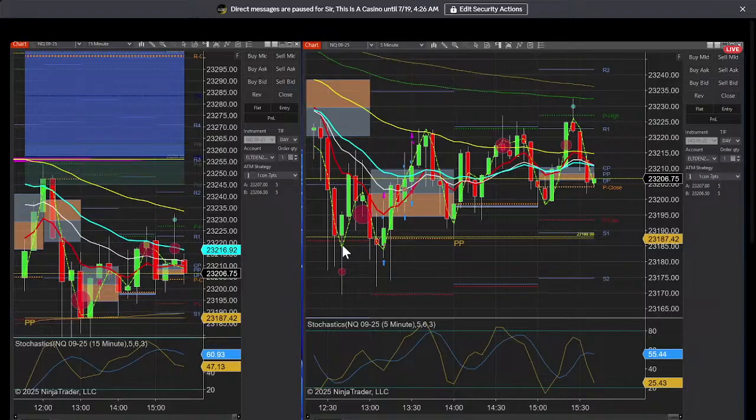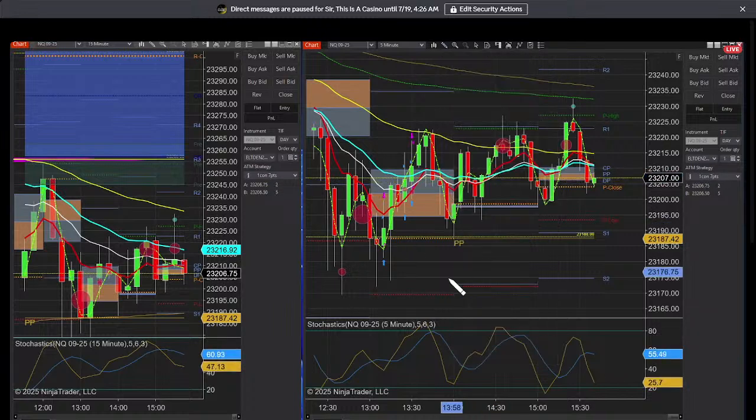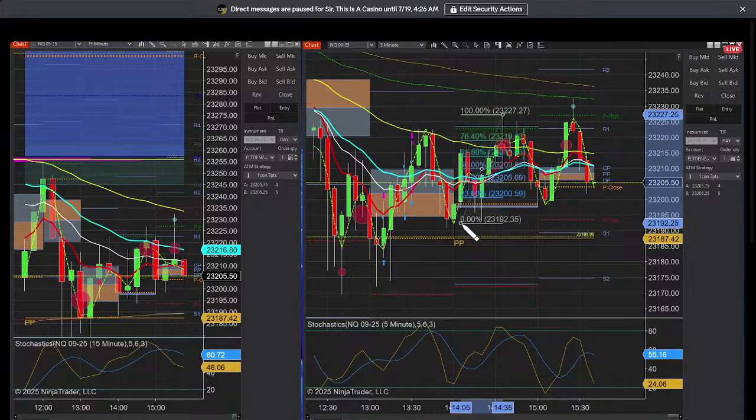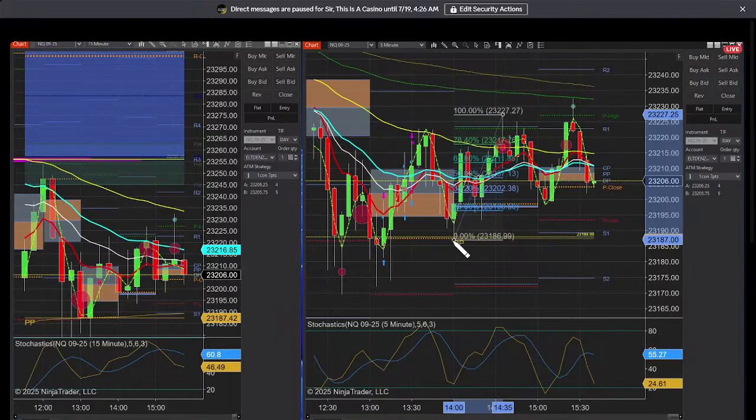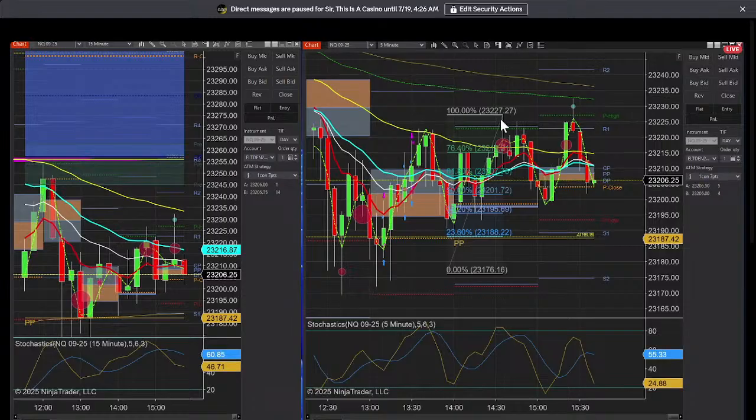Basically what they were doing was Fibonacci retracement. So they would draw it, and then they'd take the bottom one to this number, and actually there's more numbers in here, so I'll add them.